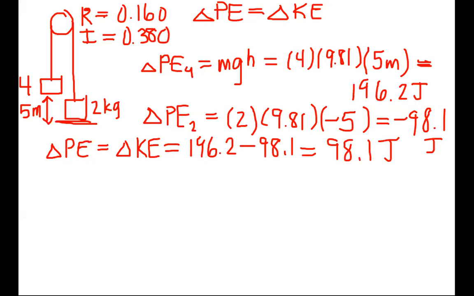So now, looking at the kinetic energy, would we be able to figure out the speed that the 4 kilogram box is hitting the ground at? We know that velocity is part of kinetic energy, so yes, we can calculate that. Every object in this problem has kinetic energy. In the case of the pulley, is it rotational or translational?